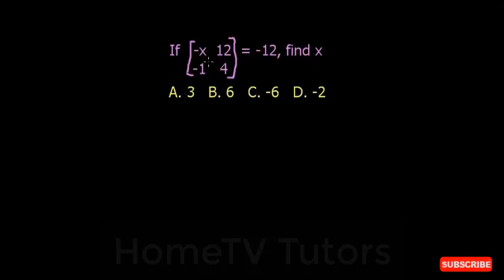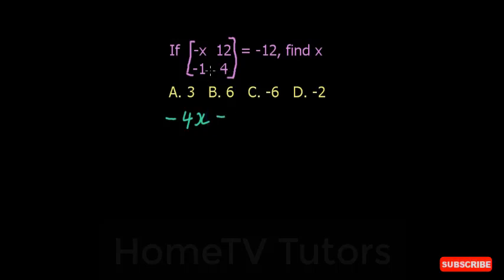If this expression is equal to minus 12, find x. So we cross multiply. We multiply 4 by minus x, which gives us minus 4x, and we subtract that from the multiplication of minus 1 times 12.